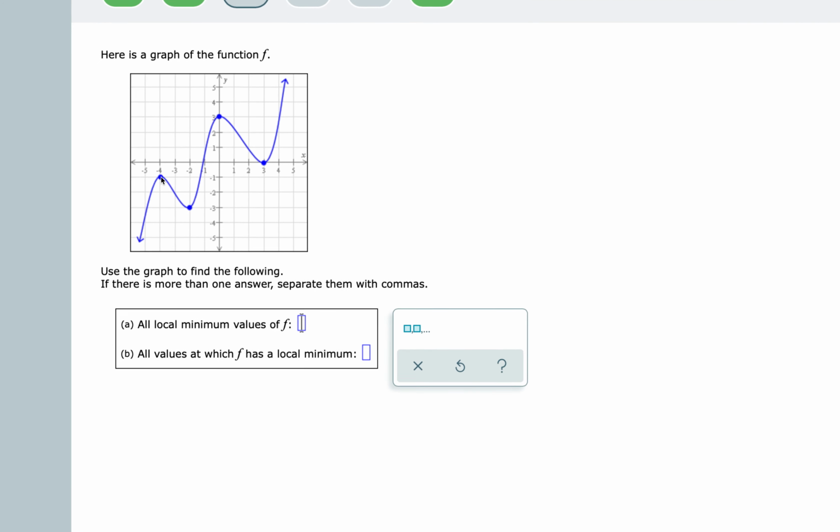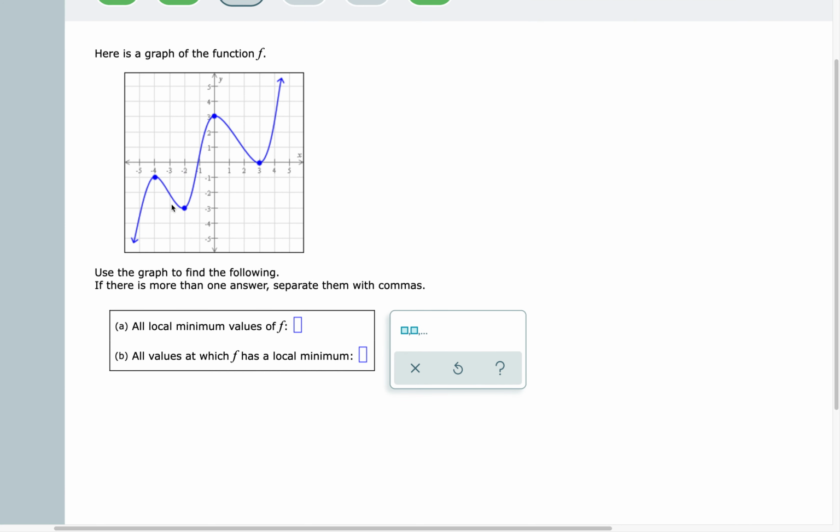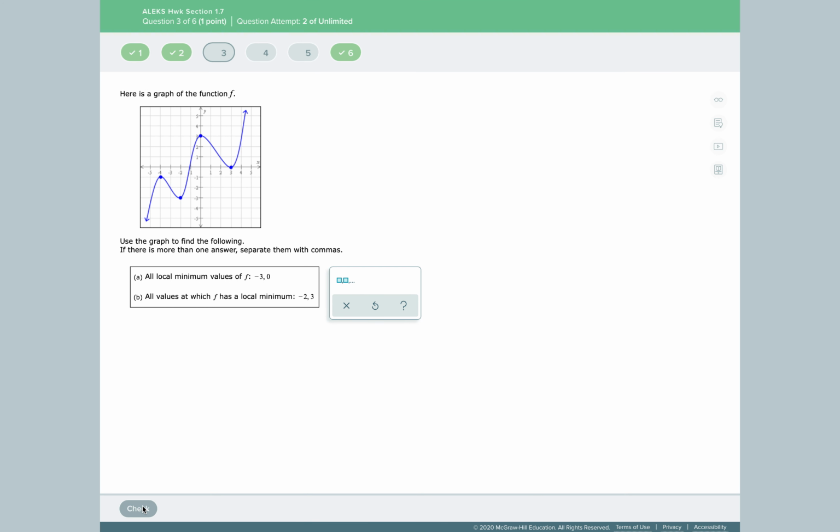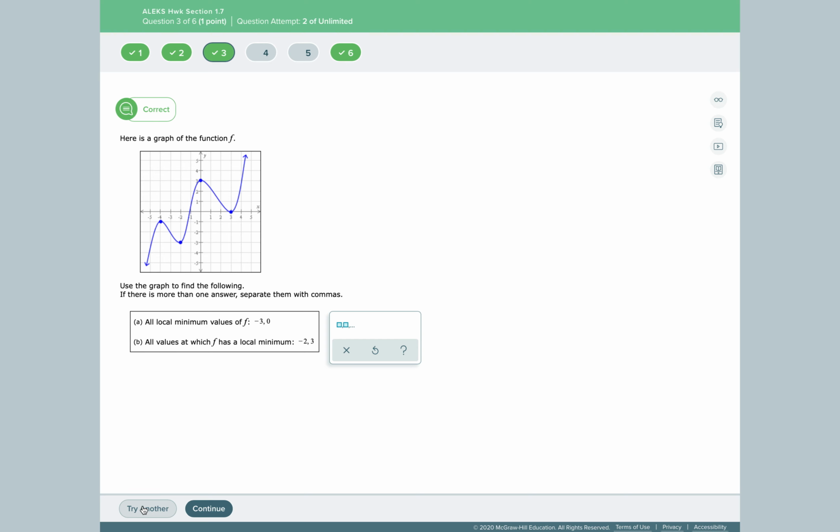In this case we have a bottoming out where y is at negative 3, and another bottoming out where y is at 0. For the values at which f has a local minimum, you put in your x values. So x is at negative 2, where y is at negative 3, and where y was at 0, the x value was at 3. Upon checking, the result is correct.